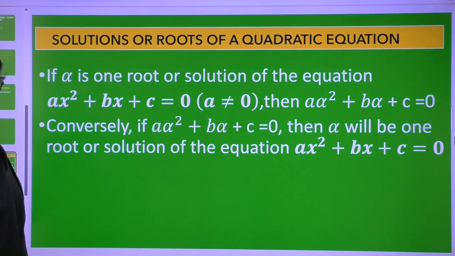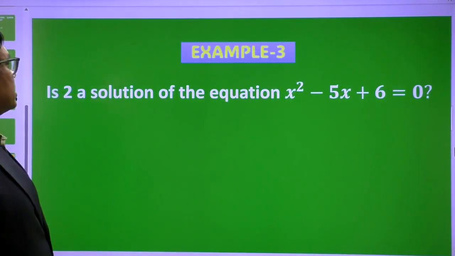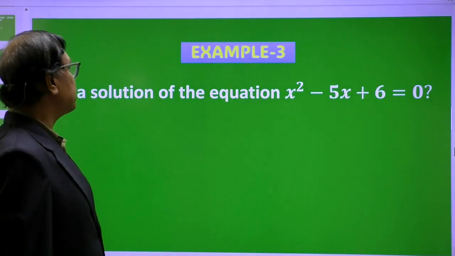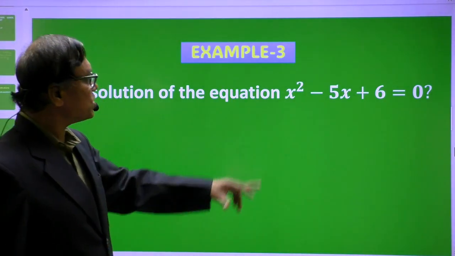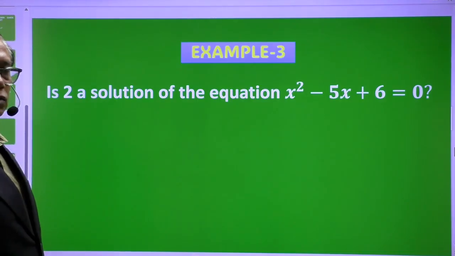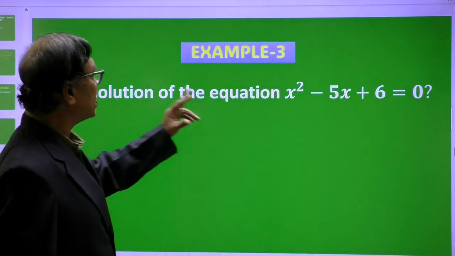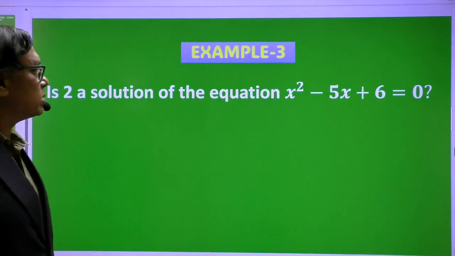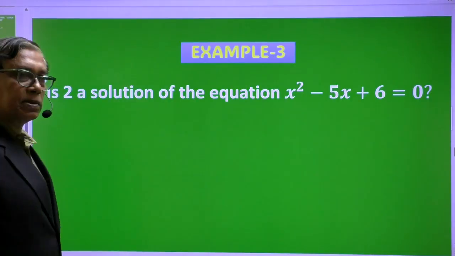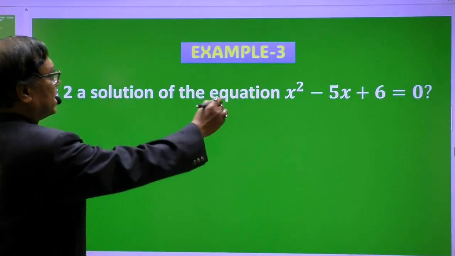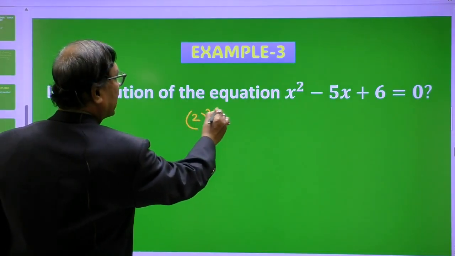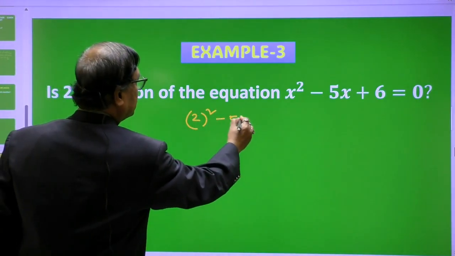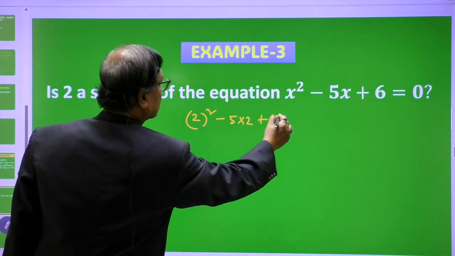Now I will discuss one sum. Example 3. Is 2 a solution of the equation? So we have to check whether 2 is a solution of this equation or not. Very simple rule. Just replace x by 2. Then we are getting 2 squared minus 5 into 2 plus 6 equals 0.